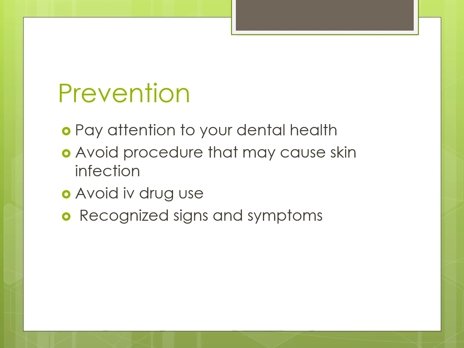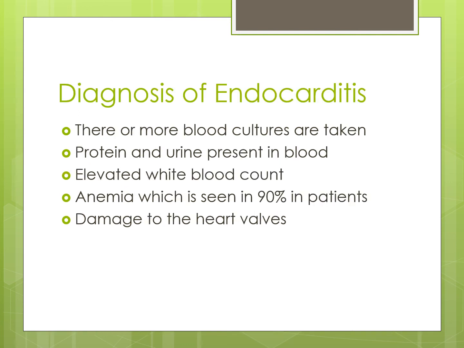Endocarditis is diagnosed in the hospital mostly by blood cultures, which should be drawn in a 12 to 48 hour period. Blood cultures should be taken from 3 different sites. Also an elevated white blood count over 10,000.